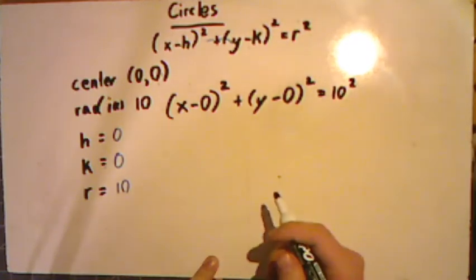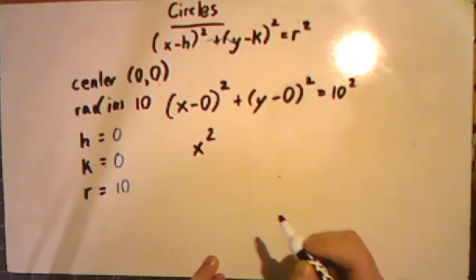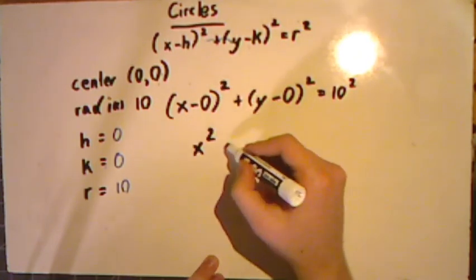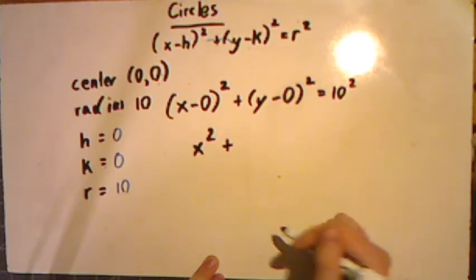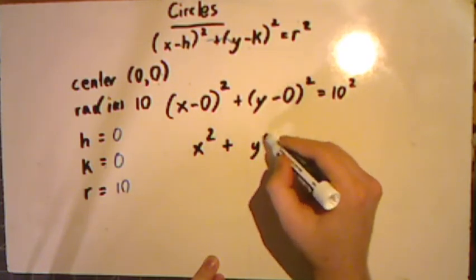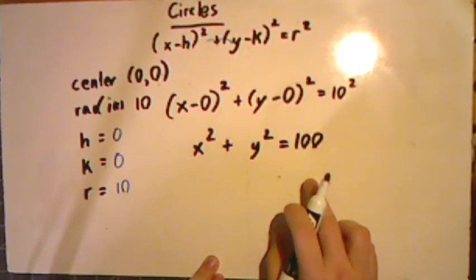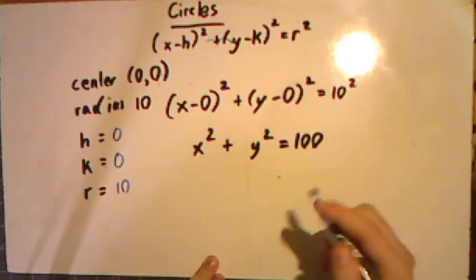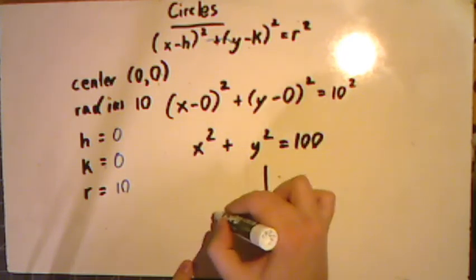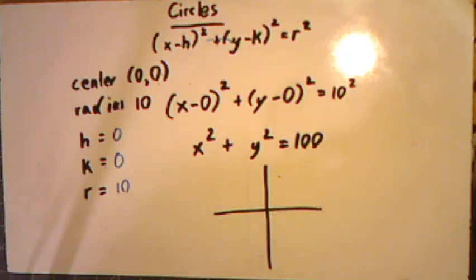Now, when you subtract 0 from anything, nothing happens, so we could just drop that, and x squared is all that it is there. Plus, and the same thing happens with y. y minus 0 is just y, so why even have that minus 0 there? Leave it as such, and then the radius is the only thing that really matters, making this circle. And this is the circle that, along your grid, is put at the center of the crosshairs.